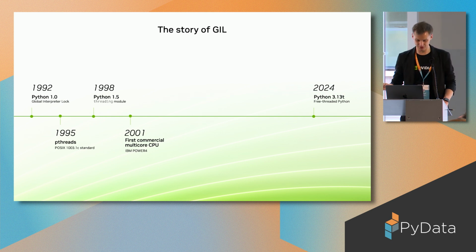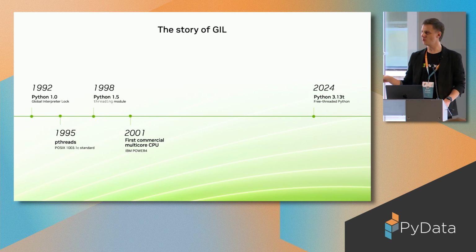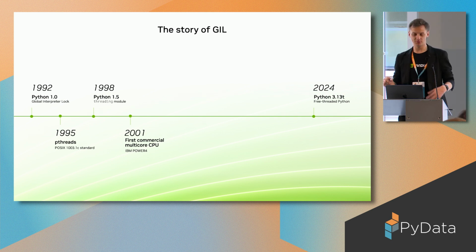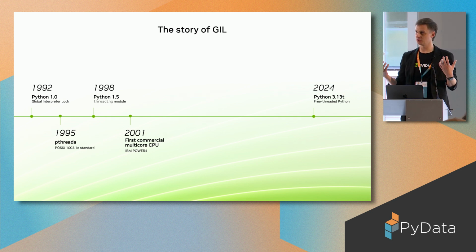And what's even funnier is that the first multi-core CPU for commercial use was introduced in 2001. So we are dealing with the GIL as, let's say, a limitation. It not necessarily is a limitation, but it was introduced far before we could actually use multi-threading features and advancements in our commercial computers.